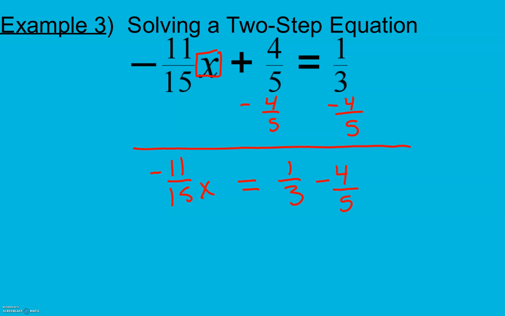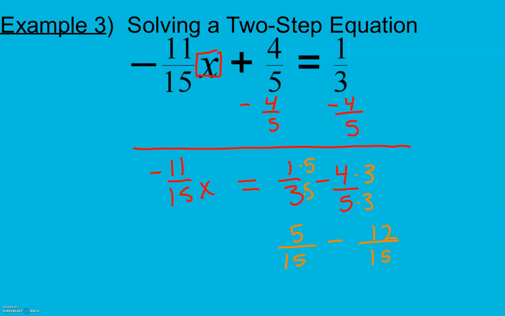Common denominator between 3 and 5 is 15. I have to multiply 3 by 5 to get a common 15. And if I change my denominator, I also have to change my numerator. To go from 5 to 15, I have to multiply by 3. If I change my denominator, I have to change my numerator, which gives me 12.